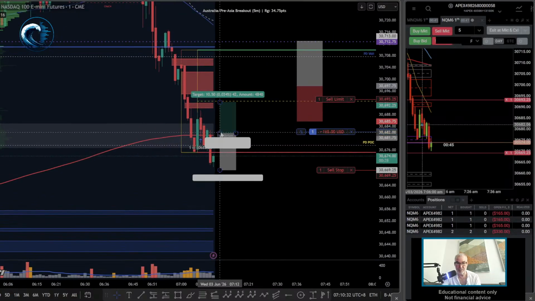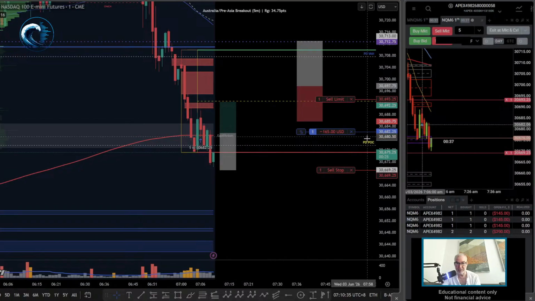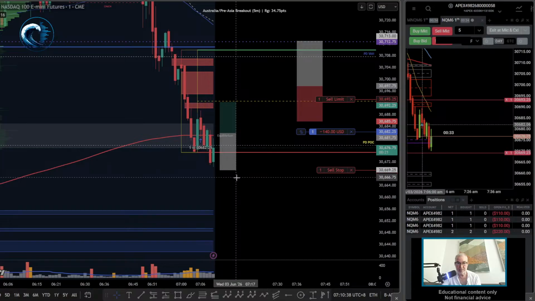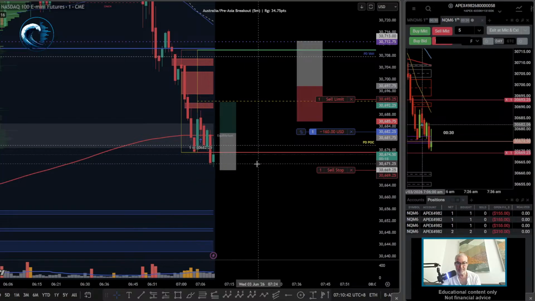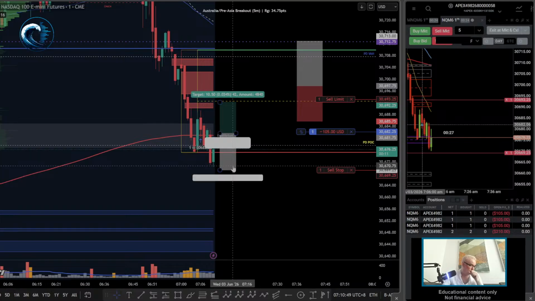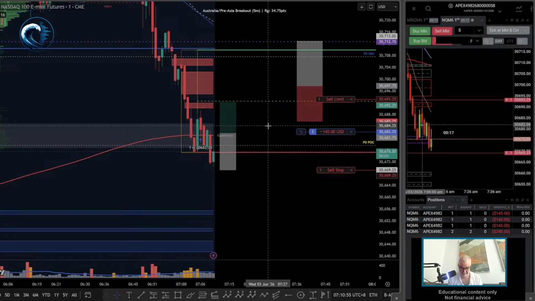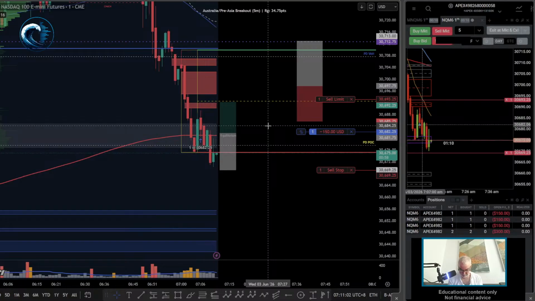I'm just playing on the fact we're moving in between these ranges, the previous day value high, the previous day POC. Sorry, let me just get this text done.